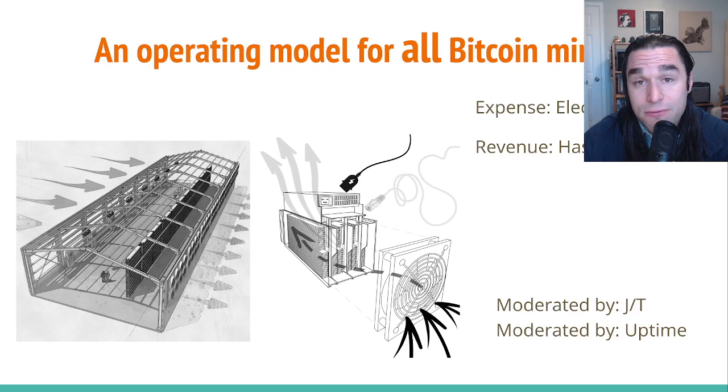It's moderated by the efficiency of those machines, which to some degree is variable. Maybe 10% efficiency on the downside if you're doing some kind of fancy firmware or some underclocking or something like this. There are going to be times when you say, forget about it, hash price is so high, I just want to rip as hard as I can and make as much Bitcoin as possible. And it's moderated by uptime, your competence as an operator.